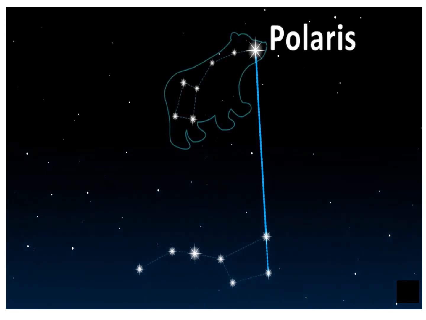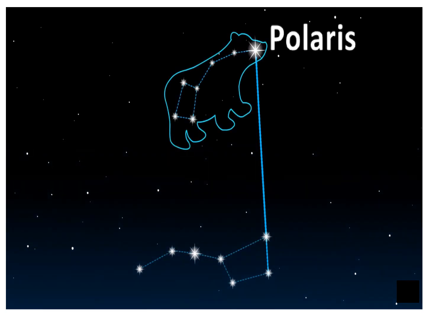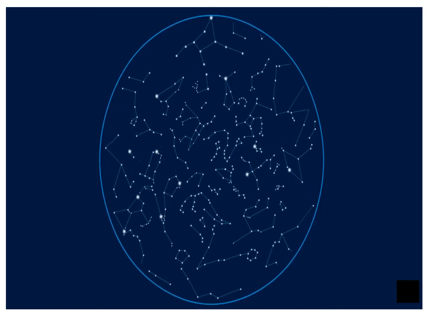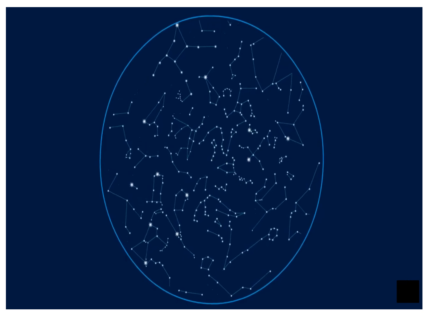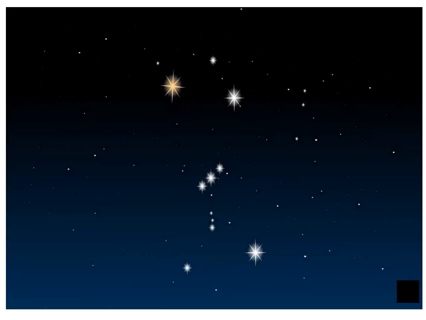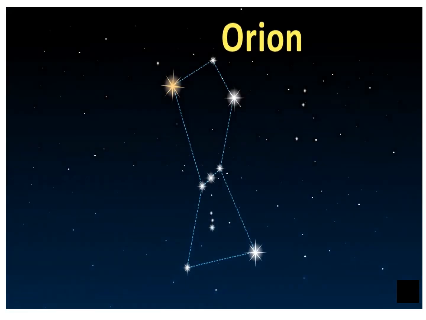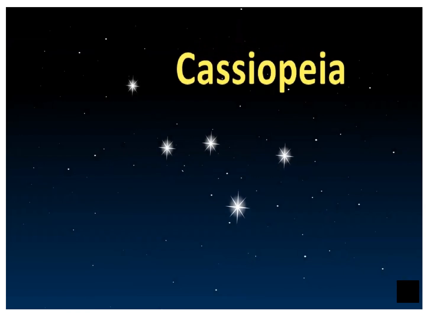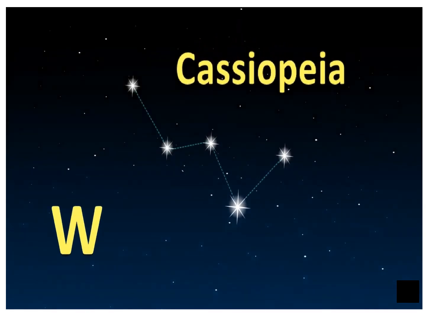It's right on the edge of the handle of the Little Dipper, part of the Little Bear constellation. You can try to find some other constellations in the sky. This is Orion. It is easily recognizable by its belt made up of 3 stars. Cassiopeia. It looks like a letter W.